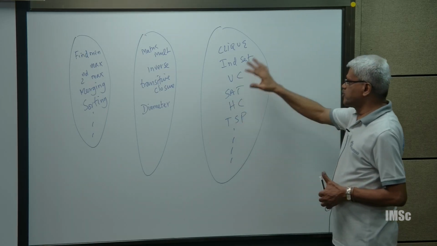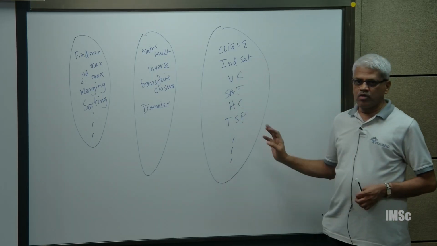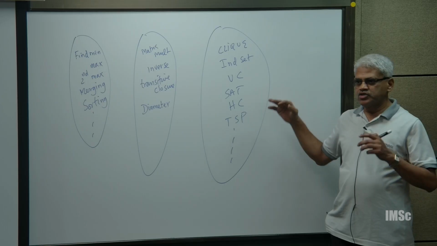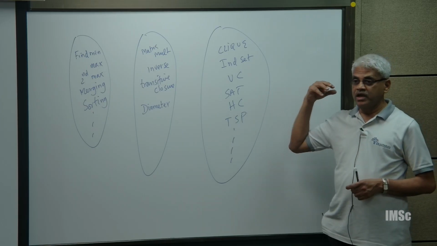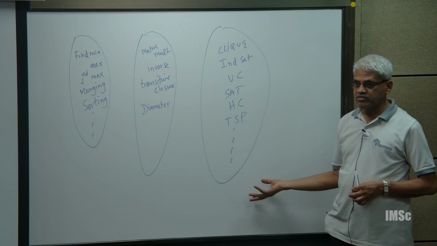So, I would say the community moved here trying to show problems NP complete, and so we do not expect a polynomial time algorithm, meaning not even an n power 100 algorithm for these problems.